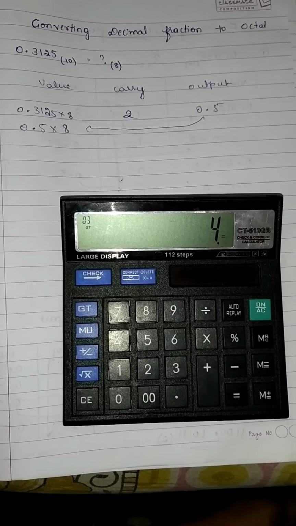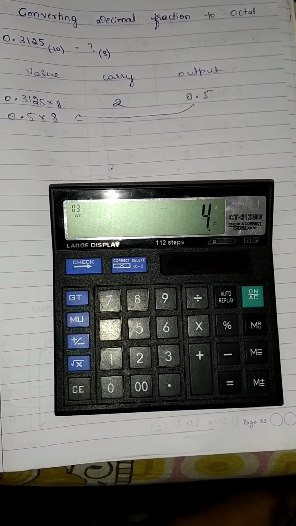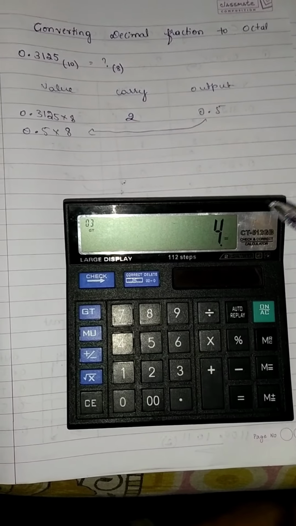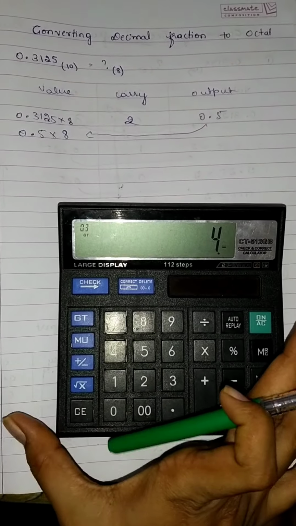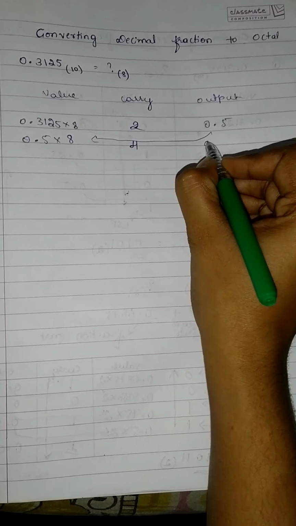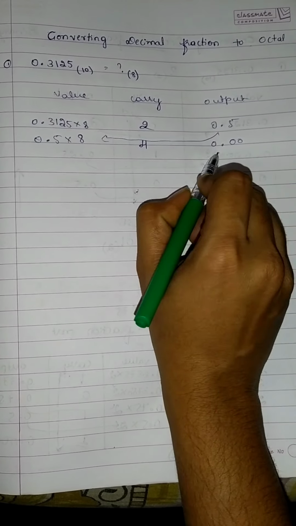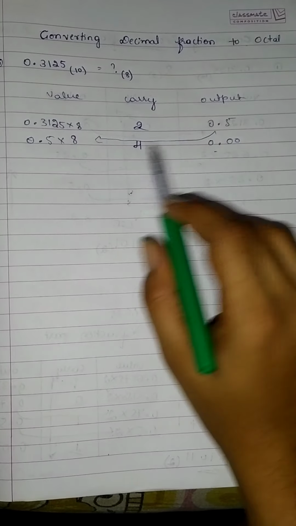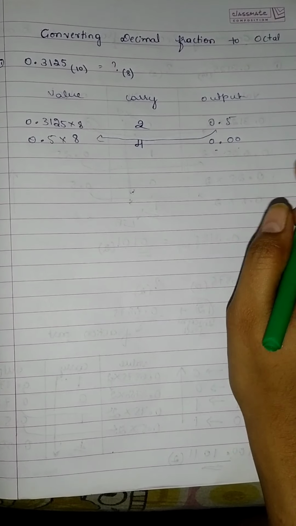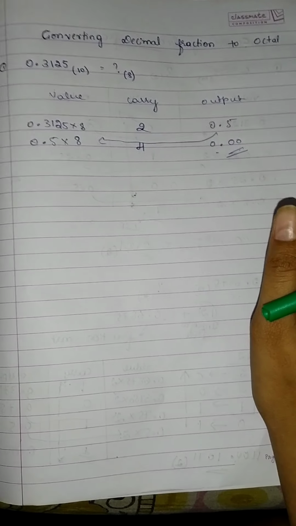When you get the output as 0.0, there is no need to compute further steps, so you can stop at this point. Whatever base or number system we multiply 0 with, we are going to get 0 only. So at this point we have to stop the calculation.